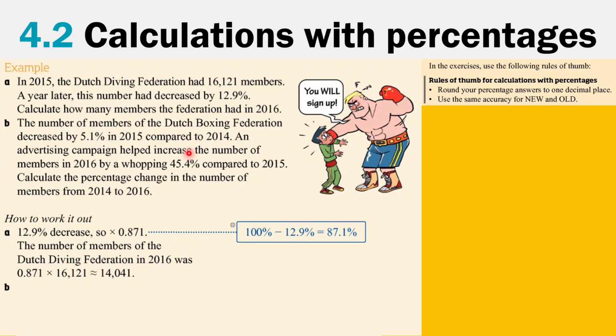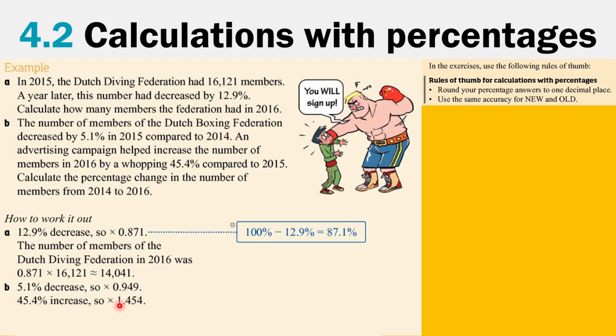Okay. So what I'm going to do is 5.1% decrease is going to be 0.949 as a multiplication number, right? 100 minus this, and then dividing by 100. A 45.4% increase. I start at 100% plus 45.4 divided by 100.